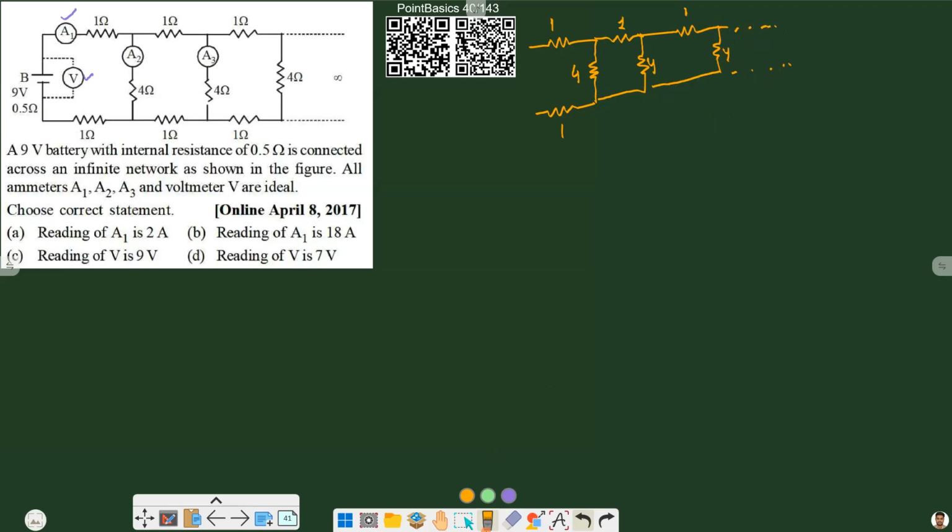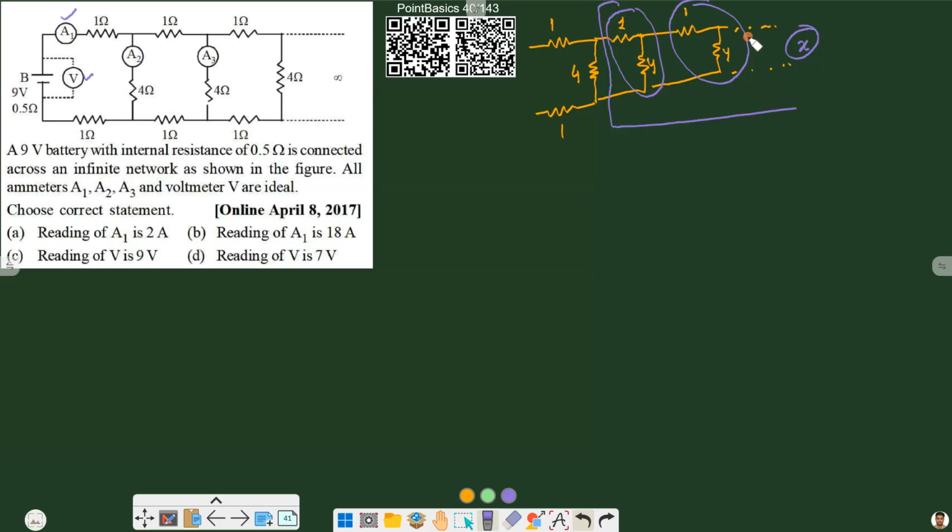So we can see from here that this part of the circuit keeps on repeating every time. Now what we do is assume the resistance of this whole repeating part is equal to x.